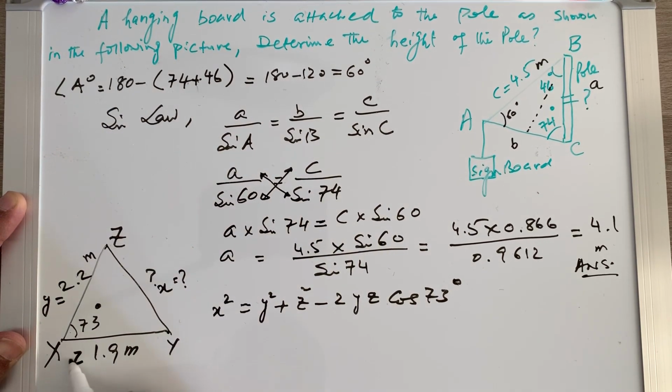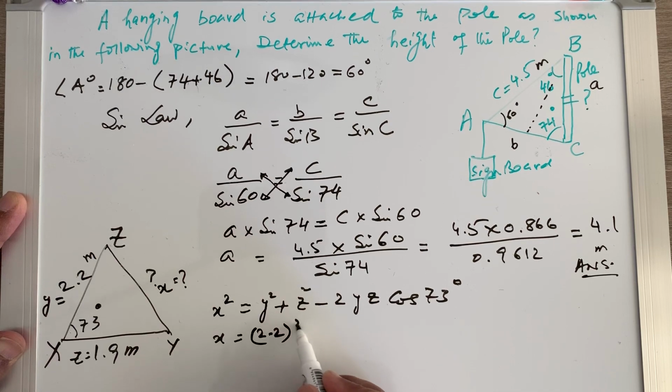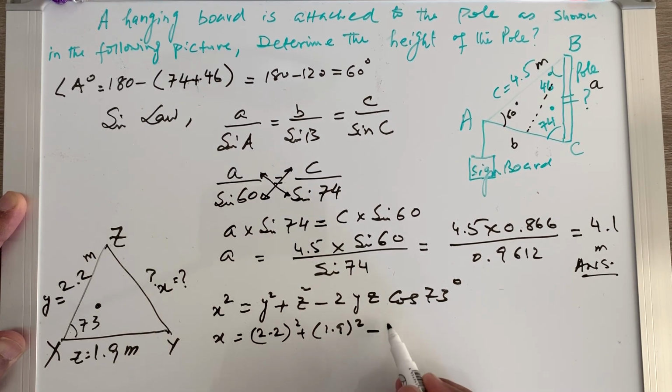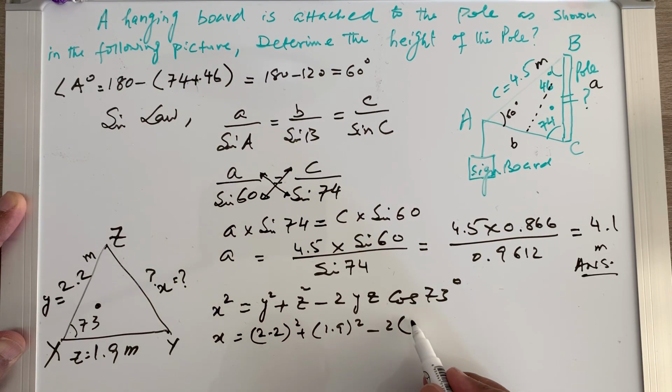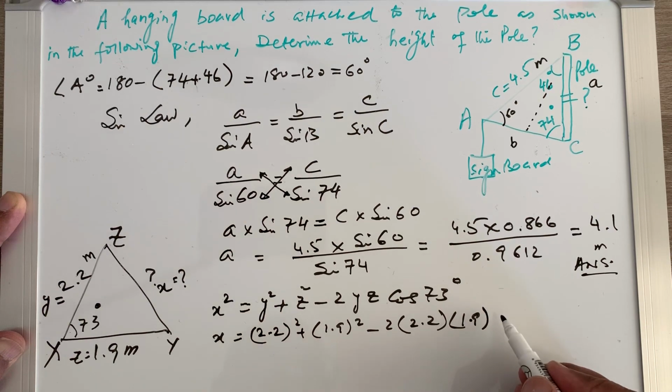So now I have to substitute the values. Y squared is 2.2 squared plus 1.9 squared minus 2 times 2.2 times 1.9 cos 73.